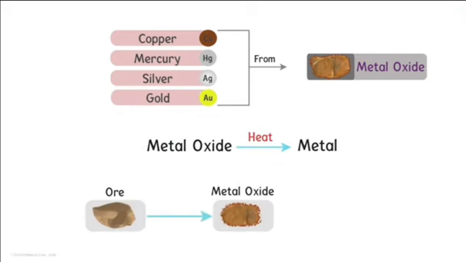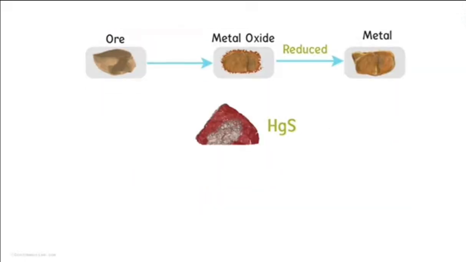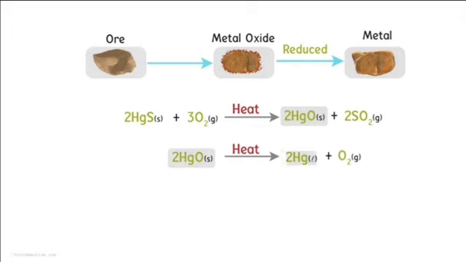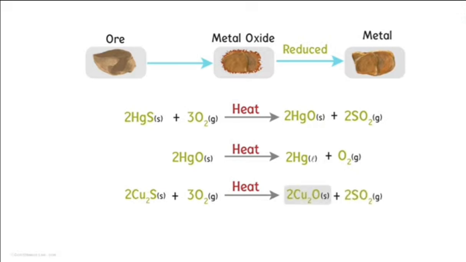Now let us take an example in which we will discuss how the metal oxide is converted into the metal. Cinnabar, which is the ore of mercury, the sulfide ore of mercury, is heated and we get mercury oxide, and then mercury oxide is again heated to give the mercury metal.